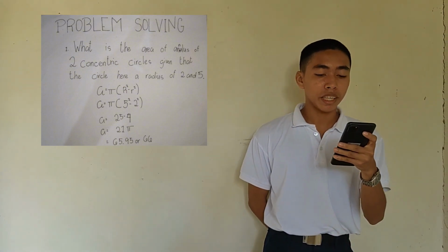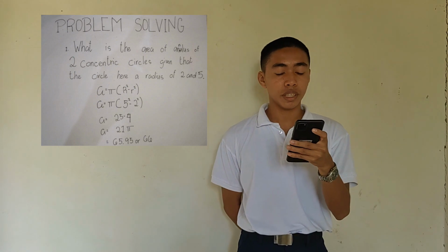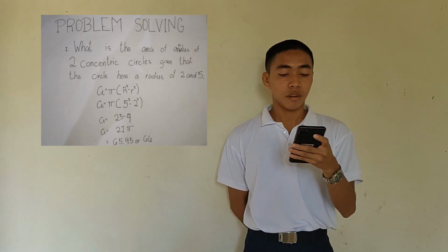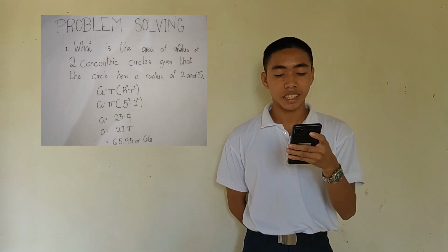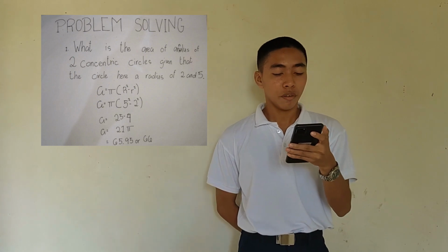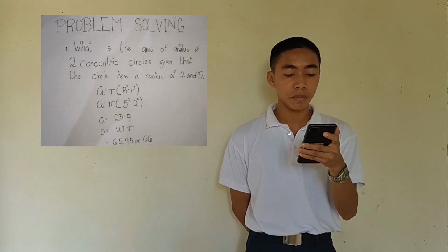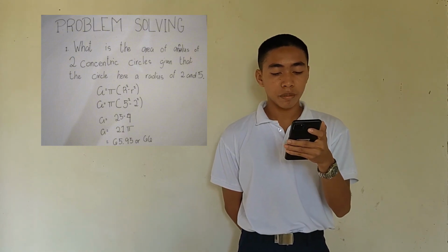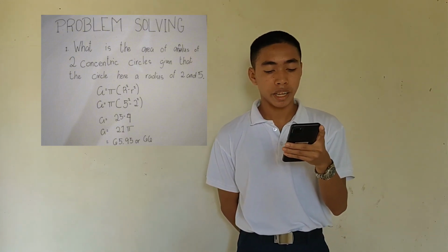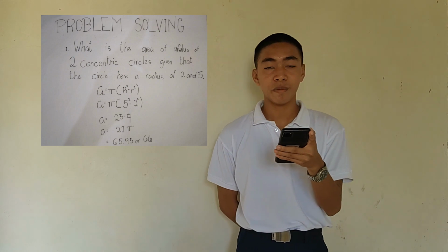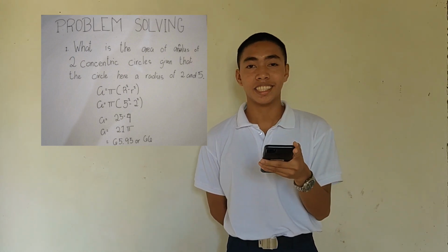Third is multiply the inner radius and the outer radius. Fourth is subtract the inner radius and outer radius. Fifth is the total of the inner radius and outer radius multiplied by 3.141 for pi, and the final answer is 65.95 or 66. So this is all the coverage on concentric circle and nature.